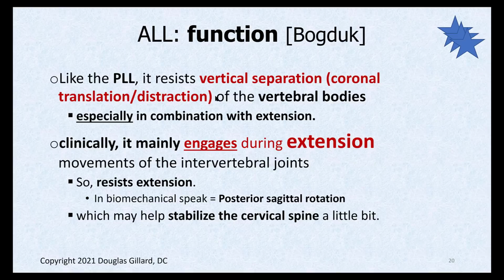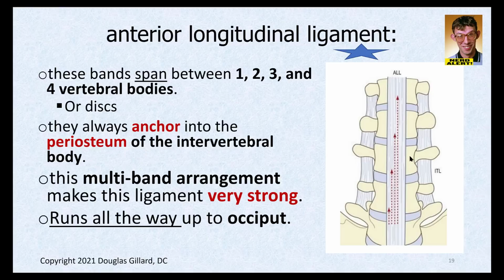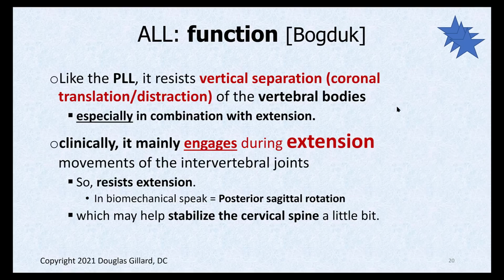Well, it also resists that coronal translation, that axial upward force. It engages in extension because it's on the front. If you bend backwards, this is going to get tighter and tighter. So it resists extension, where the posterior longitudinal ligament will resist flexion.